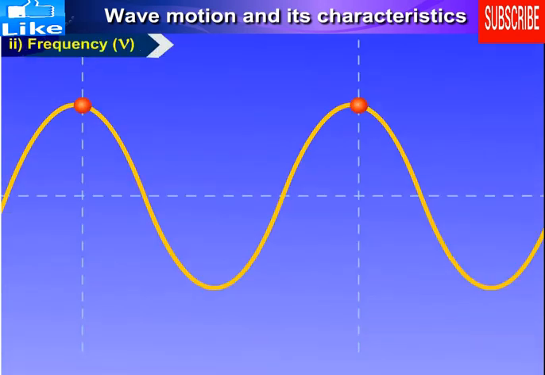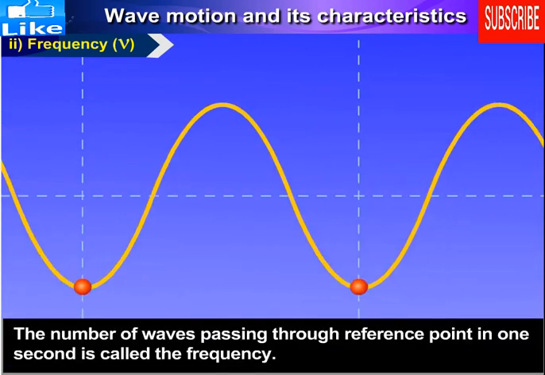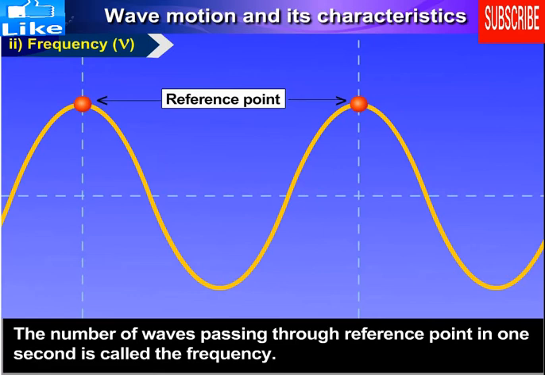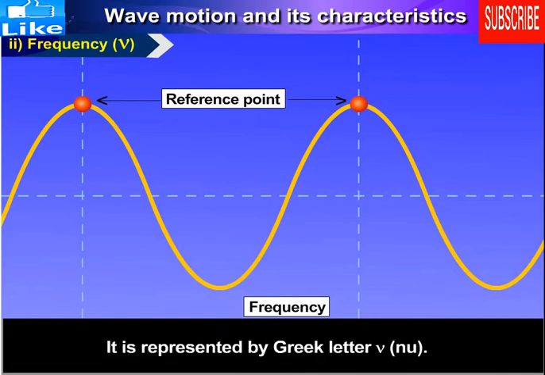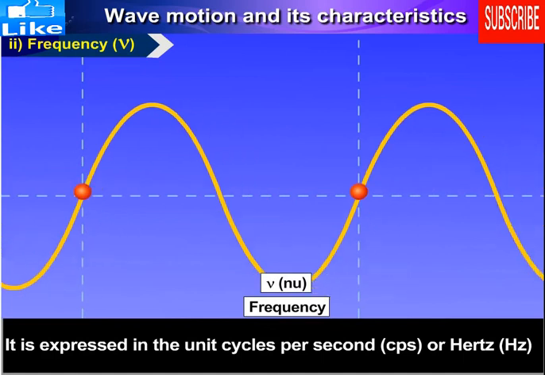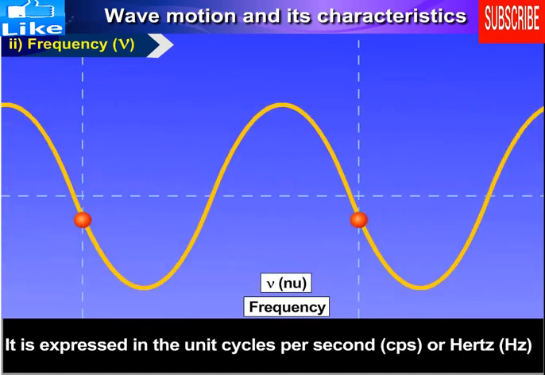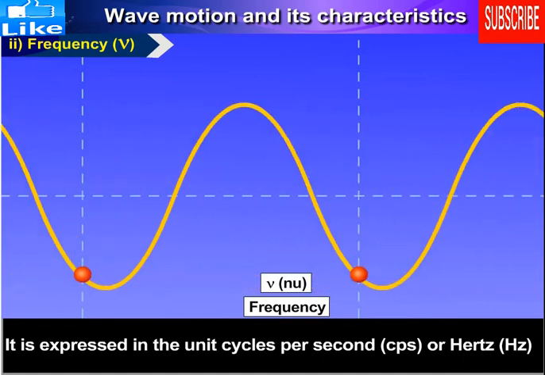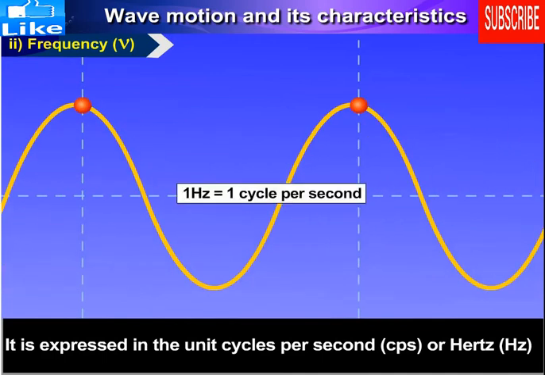2. Frequency, nu. The number of waves passing through a reference point in 1 second is called the frequency. It is represented by the Greek letter nu. It is expressed in the unit cycles per second, CPS, or hertz, Hz. 1 hertz equals 1 cycle per second.